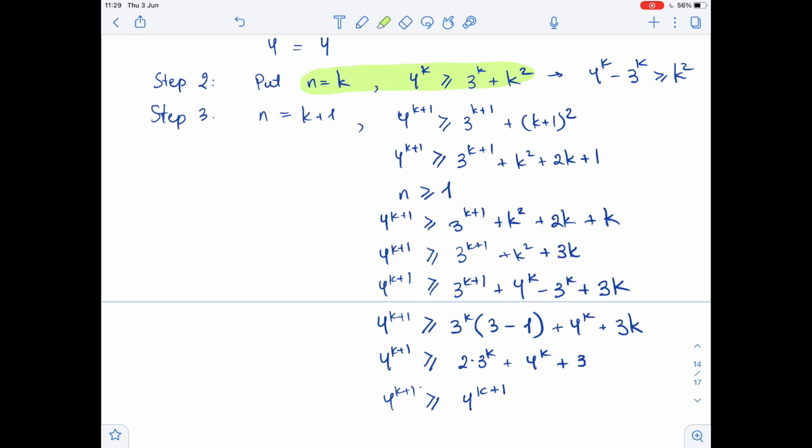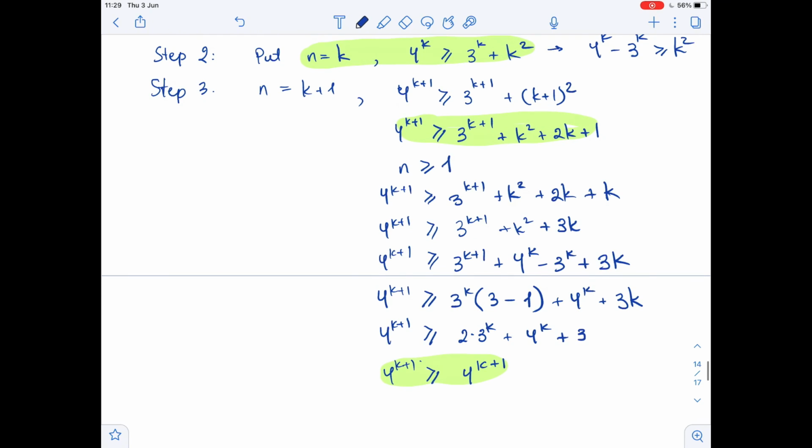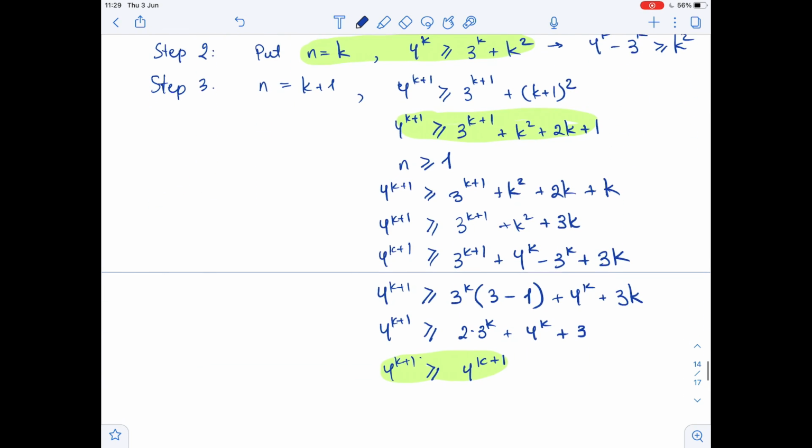And we know that this is true, because 4 to the power of k plus 1 is equal to 4 to the power of k plus 1. So that means that our initial statement is true. So we have just proved that really 4 to the power of n is greater than or equal to 3 to the power of n plus n squared by induction. So proved.